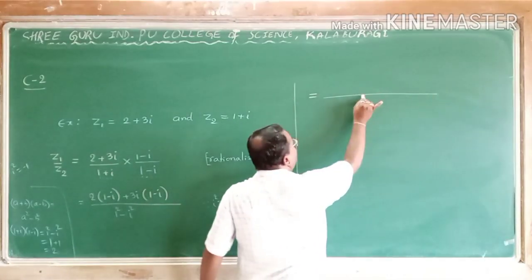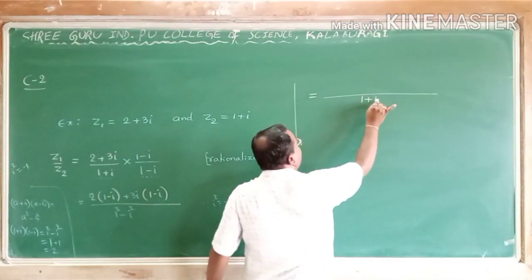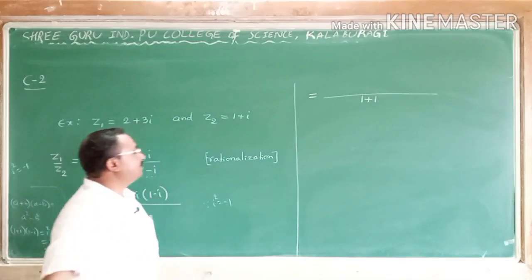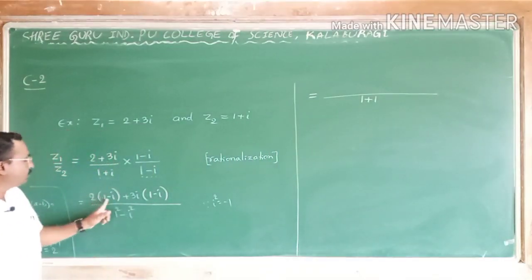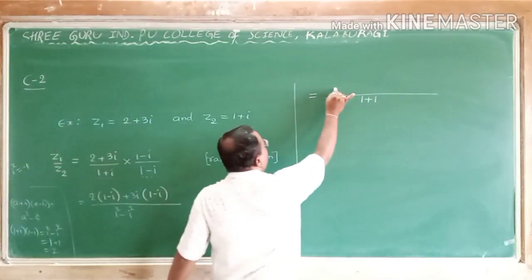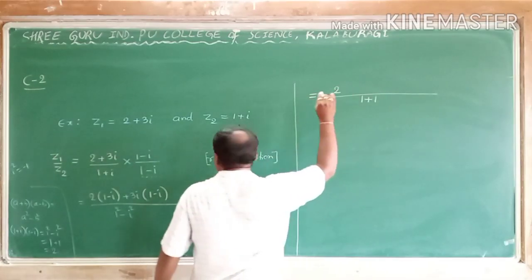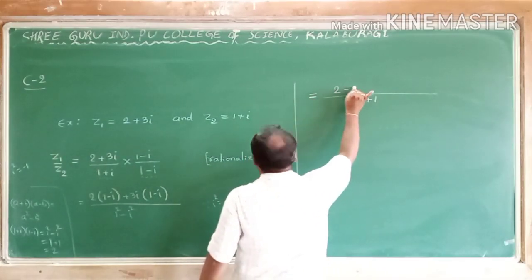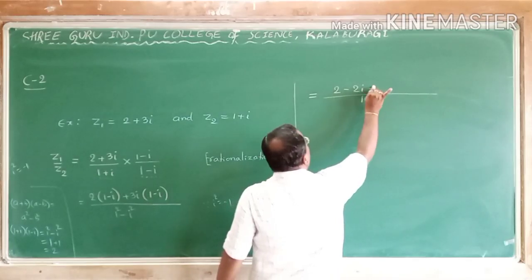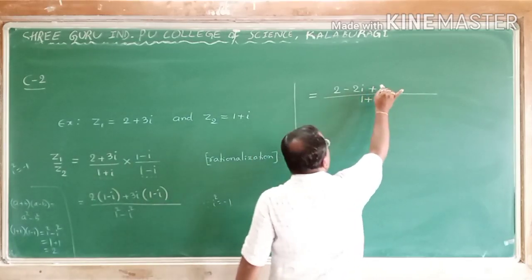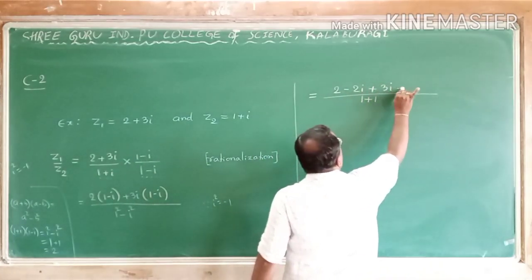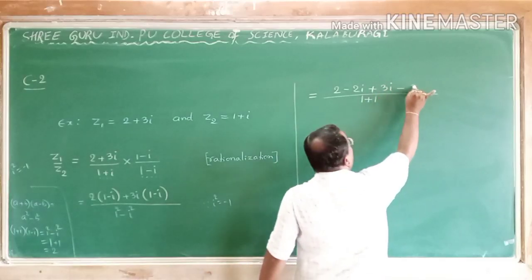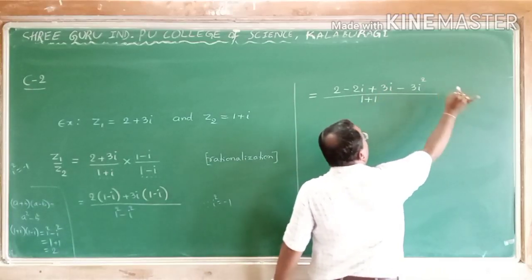denominator: 1 plus, the i square value is minus 1, minus minus plus, 1, denominator 2. Numerator: 2 into 1, 2; 2 into minus i, that is minus 2i; plus 3i; plus minus minus 3i into i, 3i square.